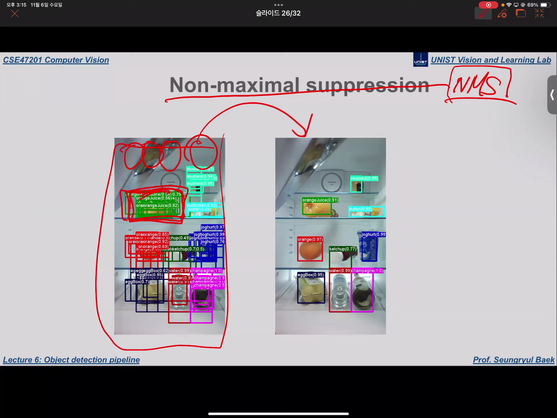Among these regions, there are many bounding boxes, but they have many intersections with each other. So non-maximal suppression picks just one bounding box, which has the highest confidence value.